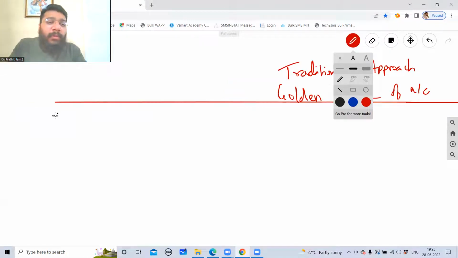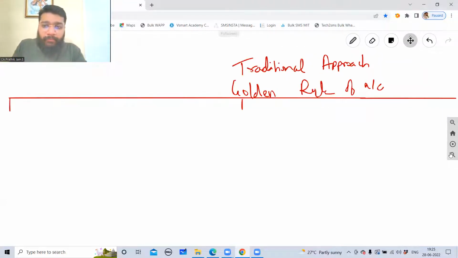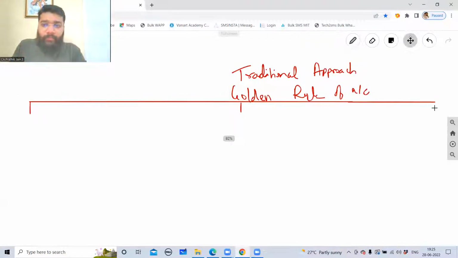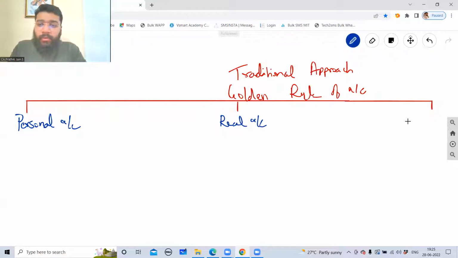Any account you'll be able to classify as either personal, real, or nominal. Personal account, real account, nominal account.